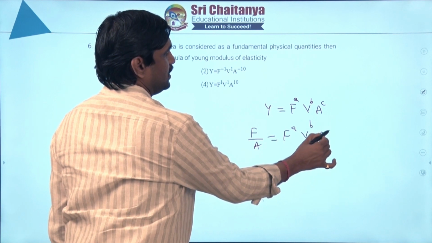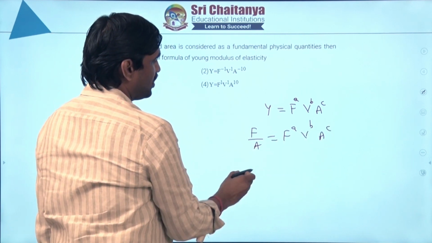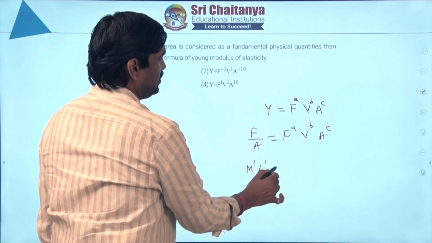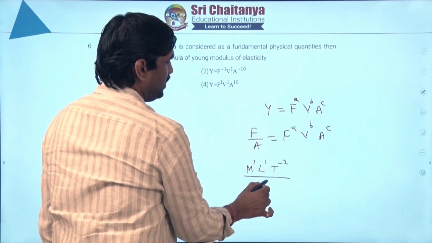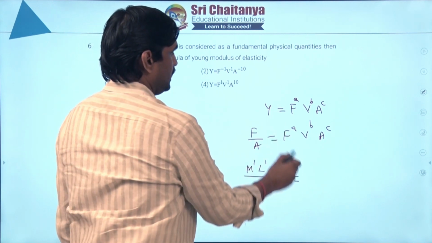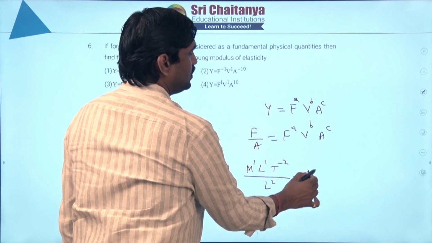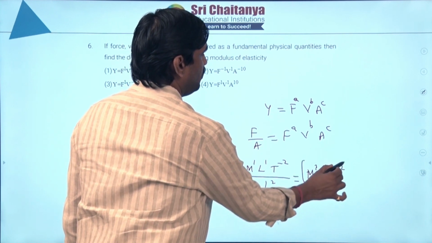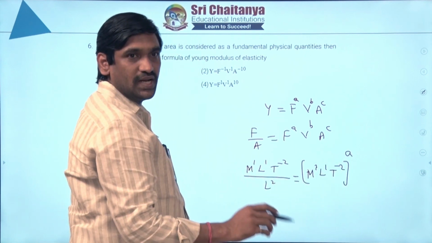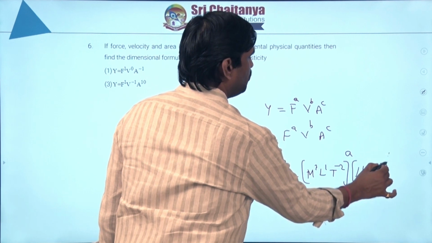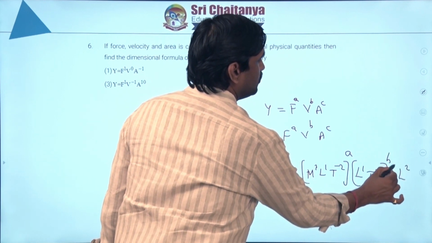velocity, area. Now I am converting: M L^-1 T^-2 is equal to force, mass into acceleration, (M L T^-2) whole to the power a, velocity (L T^-1) whole to the power b, area (L^2) to the power c.